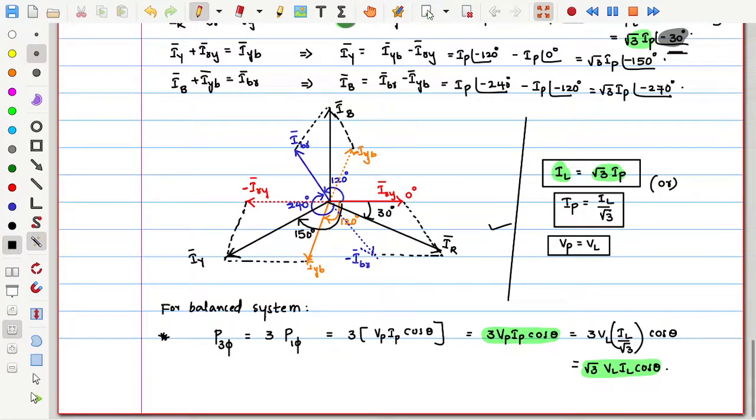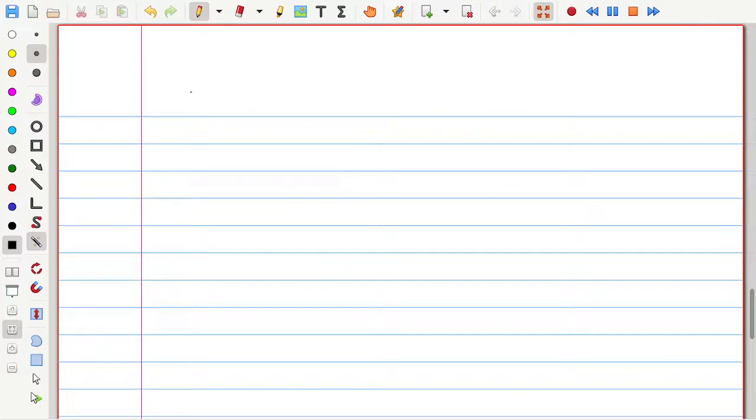Similarly, you can think of the reactive power, the 3 phase reactive power. Let me write Q 3 phase is equal to 3 times Q single phase, which is 3 times the single phase reactive power, Vp Ip sin theta.